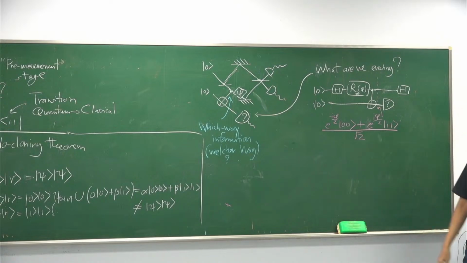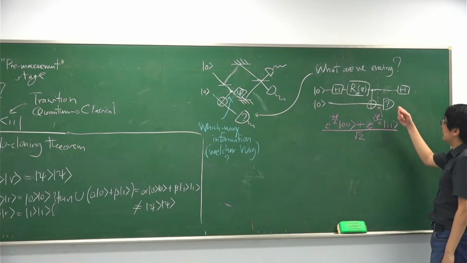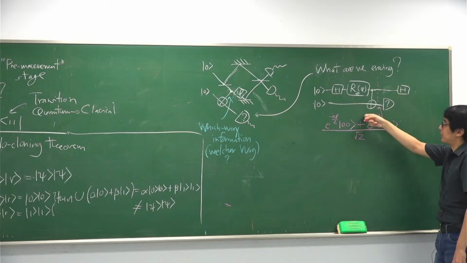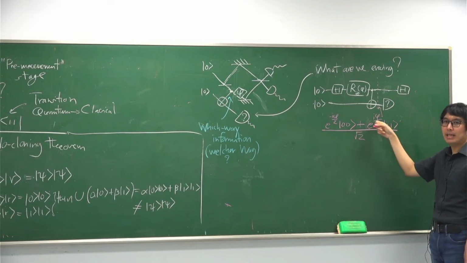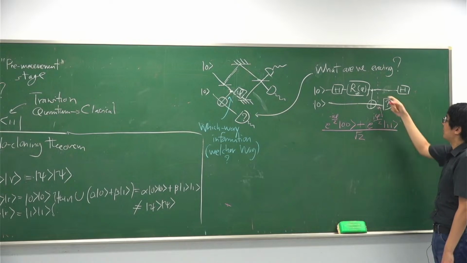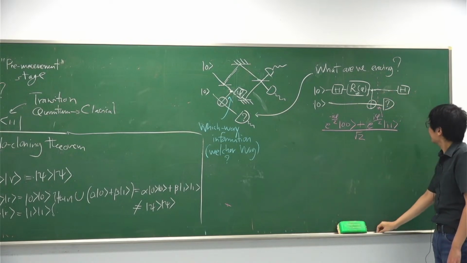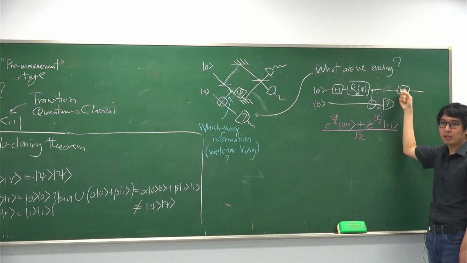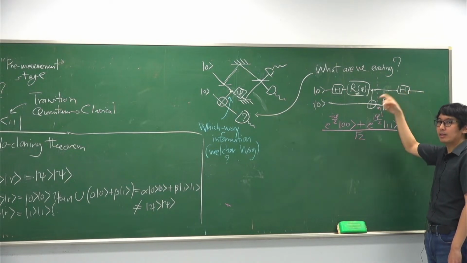Is this an entangled state? If I make a Z measurement here, I would destroy this relative phase, right? And then what goes in the measurement over here would just be a maximally mixed state between the 0 and 1 state.